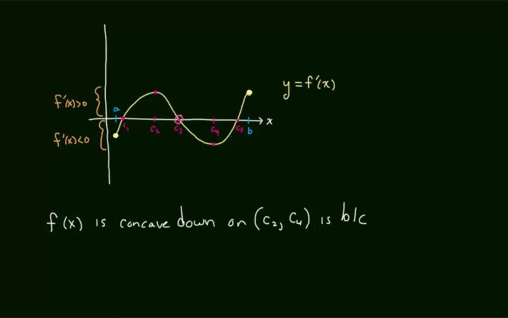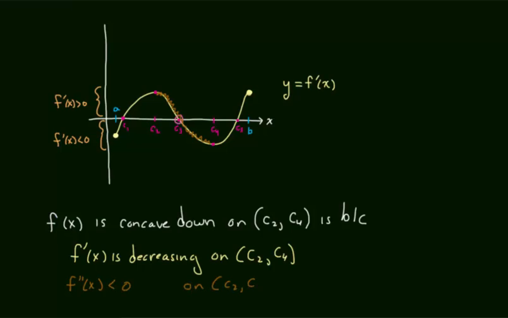It's because f prime of x is decreasing on that interval, C2 to C4. Another way to think of that is to say f prime is decreasing, which means that f double prime is less than 0 on that interval.